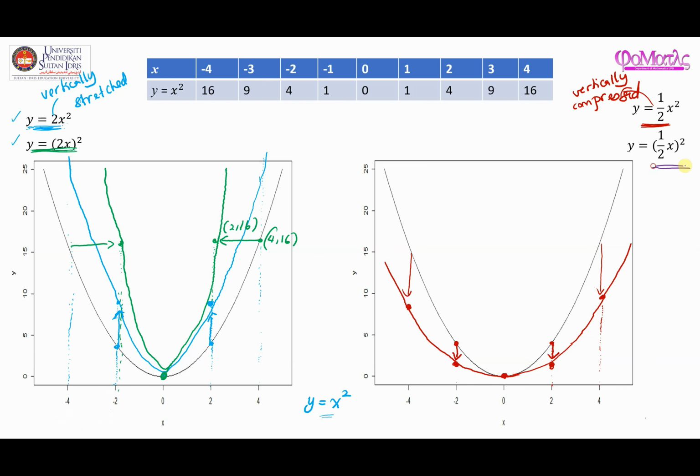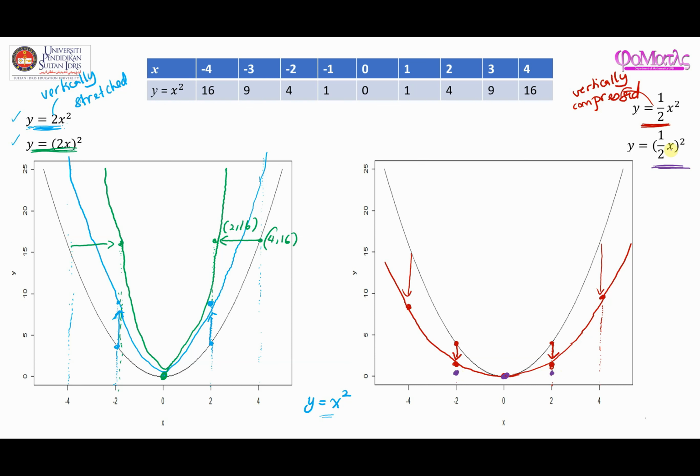For this one, you can see that when x is 0, y is also 0 at the same point. Now, when x is 2, the value of y will become 1. So it is even lower than this point. So it will be somewhere here. Lower than that point.